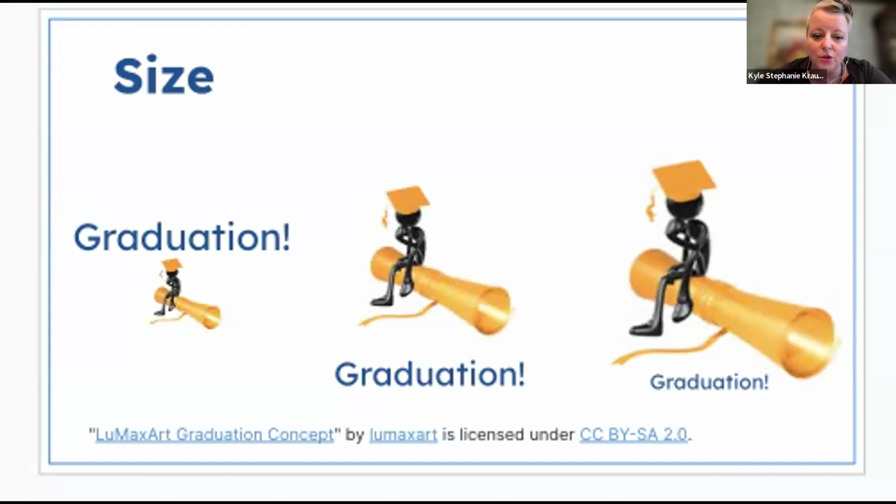And so if you look on the screen, there is a difference between having text that, for example, is very large, but a very small image, versus something that may be very large and very small text, and then having something where it's just right. So it's kind of like Goldilocks and the Three Bears, not too small, not too big, but just kind of right, and it balances out. So you want to choose images that are going to be appropriate, but also don't detract from the message you're trying to send.